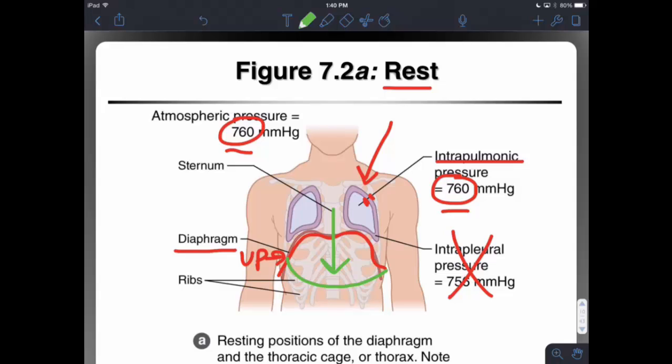The lungs are not actually connected to the diaphragm physically, but the parietal pleura is attached to the thoracic cavity and the diaphragm. So if the diaphragm drops, then the parietal pleura is going to expand down, and because of the suction in the pleural cavity, the lungs are going to expand.